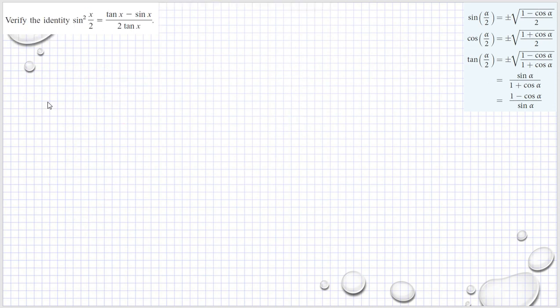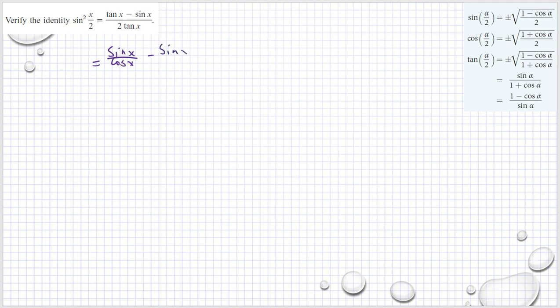Okay, let's see if we can do this. Verify the identity: sine squared x over 2 is equal to tangent x minus sine x divided by 2 tangent x. We know that tangent is sine x over cosine x.